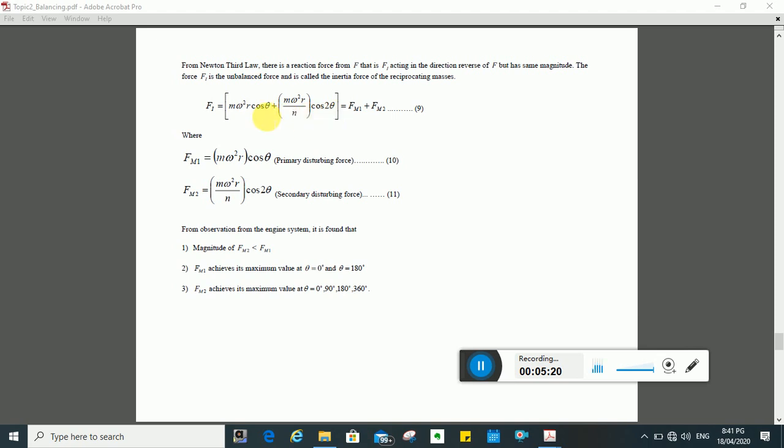And the second part is the secondary disturbing force, which is m omega squared r divided by n times cos 2 theta. That is the primary force, and the secondary force.